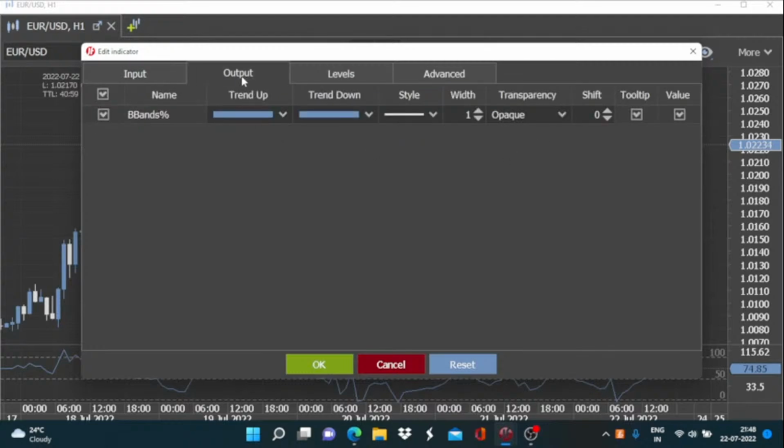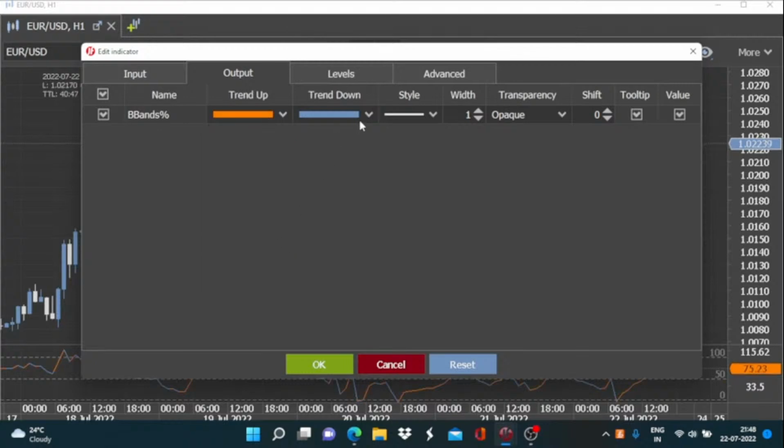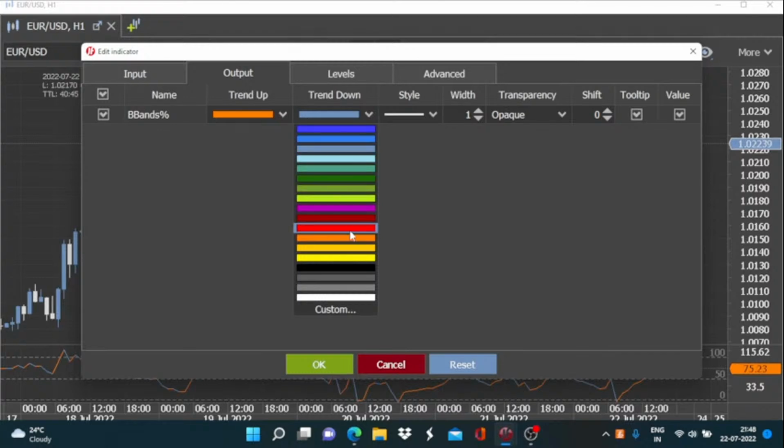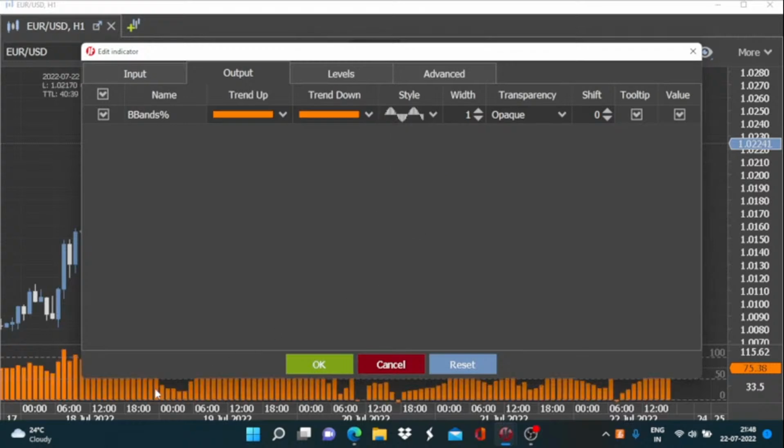All right, then we consider the output of this indicator. If you want to make it more stylish, and if you don't really like this dull blue combination, just make it more colorful. Let's see how it will appear when I am using the orange color and making this output more stylish. If you want to use this plotting of the bar chart, then you can go for this style.